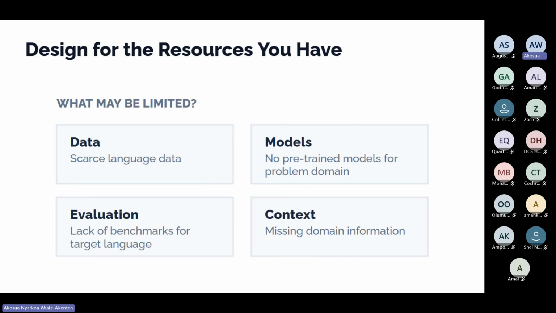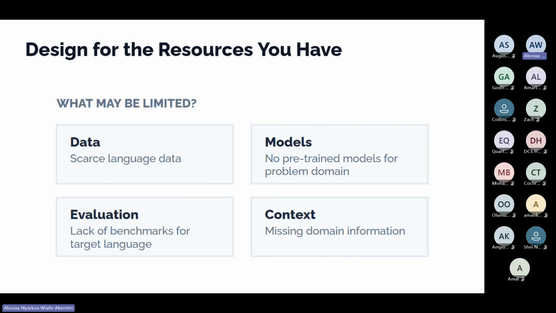Then the fourth one is the context. General purpose models may know a lot about the language. It could be that there's a model that speaks Akan, and this model is great for Akan, but it may not have specific information that you need for your application. Although the model understands the language, it does not know specific terminology.